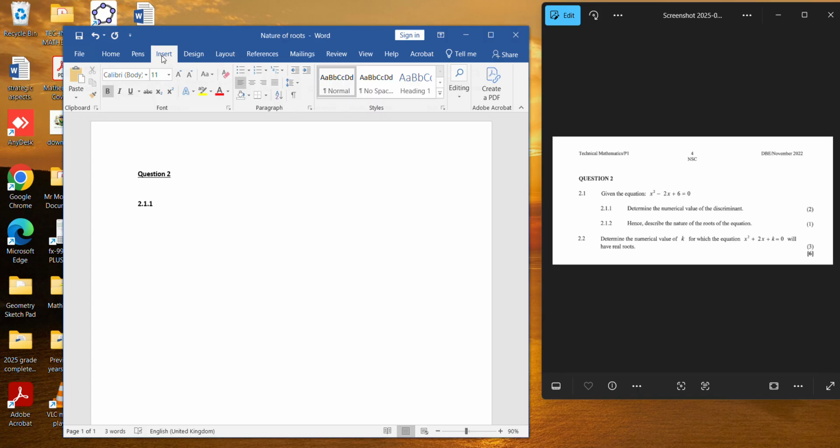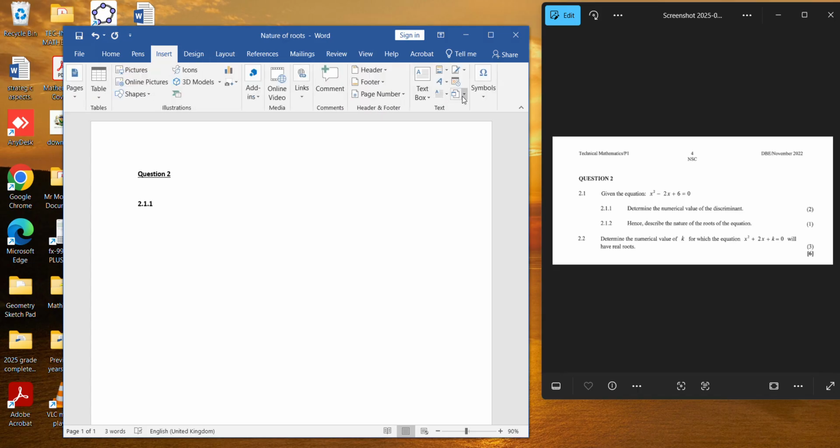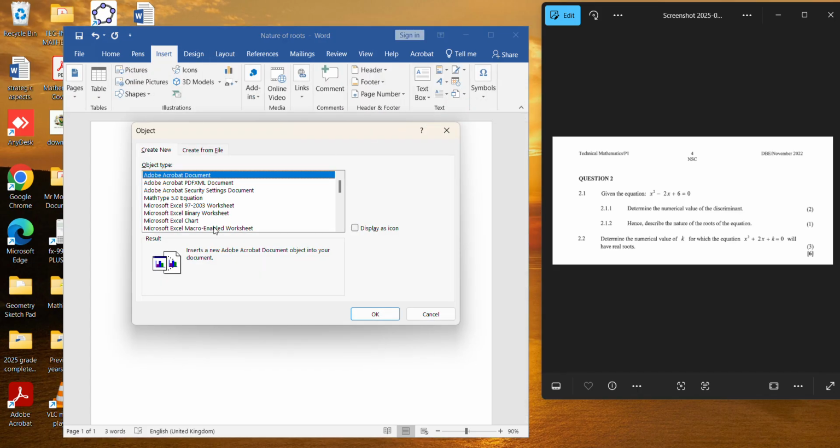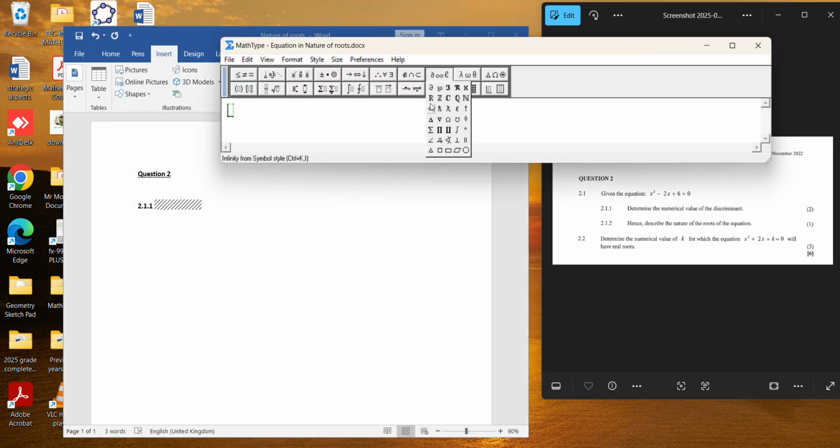The formula says, let us go and write the formula. Delta, which is like a triangle, but in this case, under question number 2, this is not a triangle. That is the discriminant.